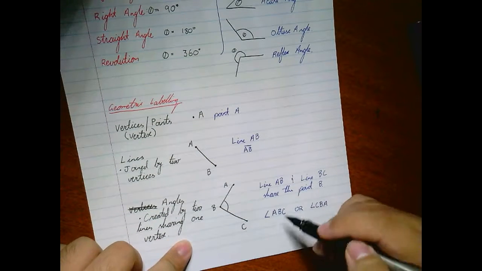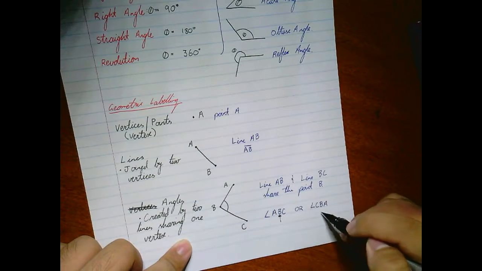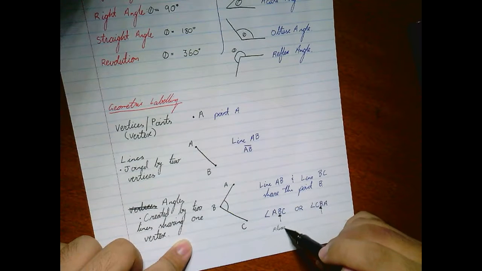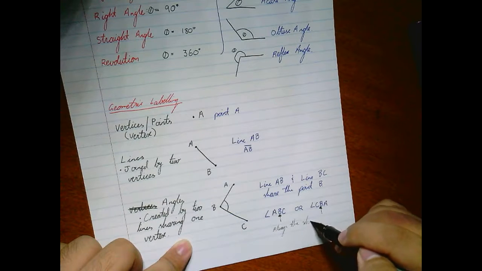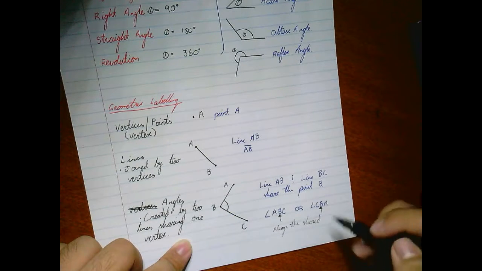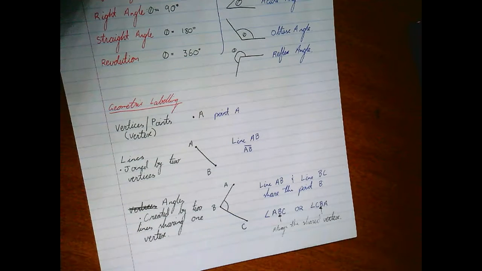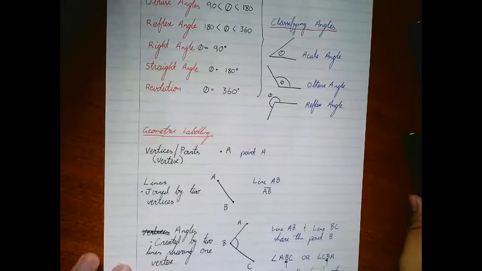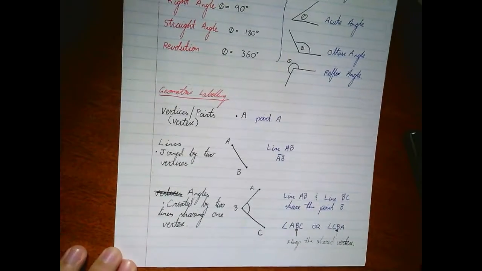And it's very important that this middle letter is always the shared vertex. So that's how we label angles, lines, and vertices geometrically.